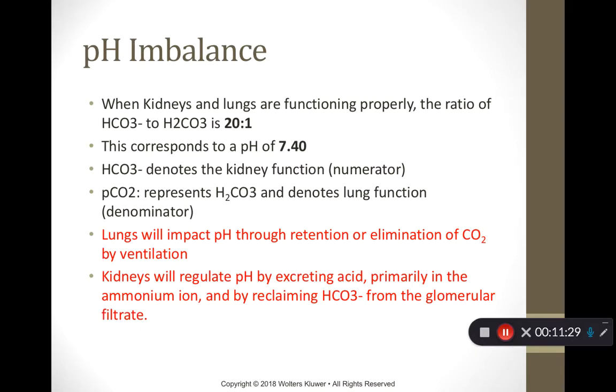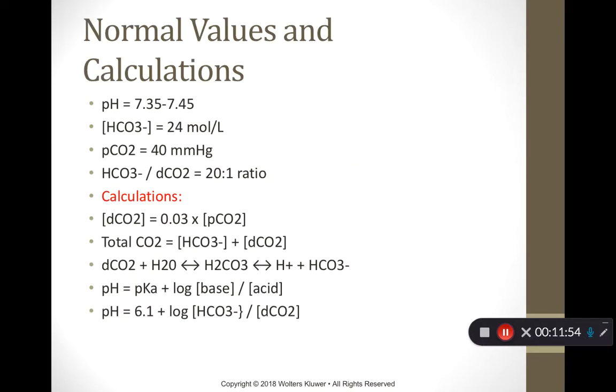The lungs will impact pH through retention or elimination of CO2 by ventilation, and the kidneys will regulate pH by excreting acid, primarily as the ammonium ion, and by reclaiming bicarbonate ions from the glomerular filtrate.